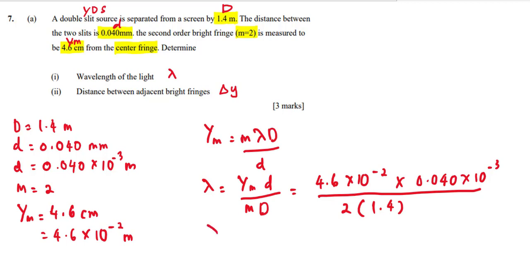So you should get the answer 6.57 times 10 to the power of negative 7 meter.